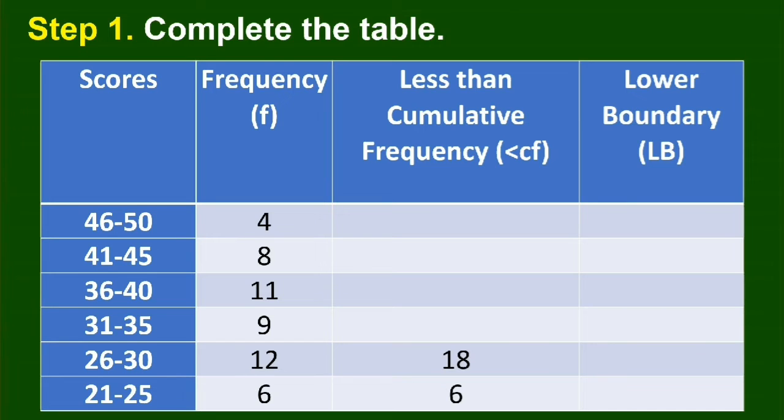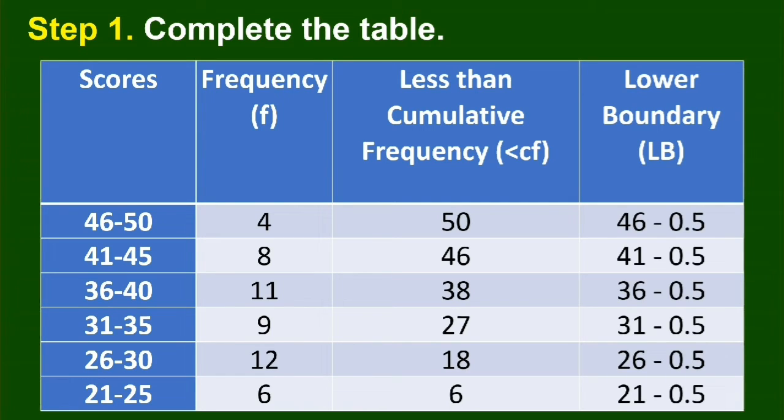So, we have 18. 18 plus 9, that is 27. 27 plus 11, we have 38. And 38 plus 8 equals 46. 46 plus 4 equals 50. And for the lower boundary, you just subtract 0.5 to the lower limit of each class interval.